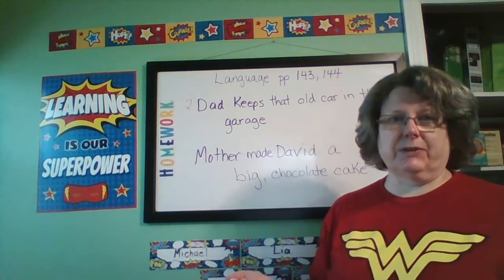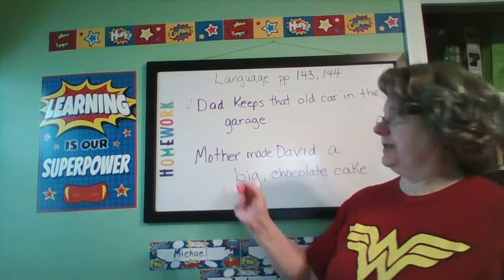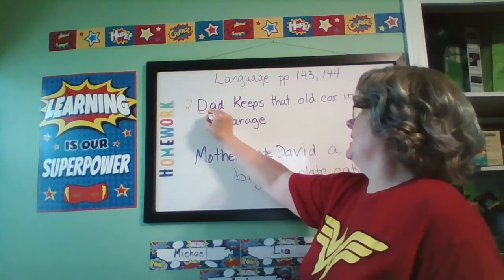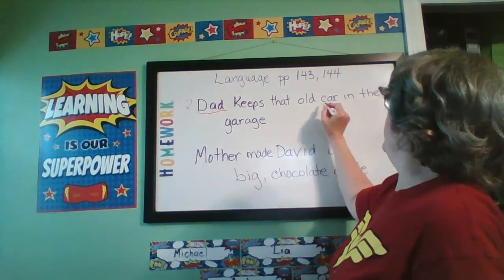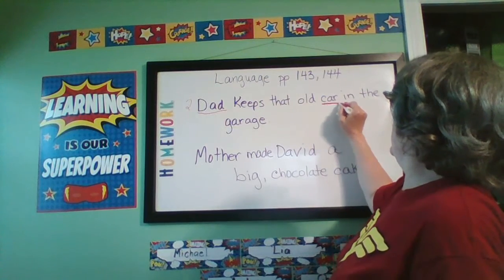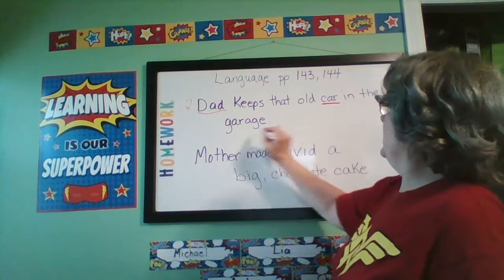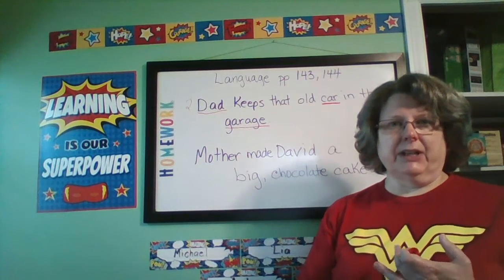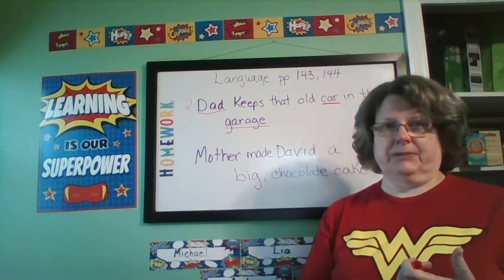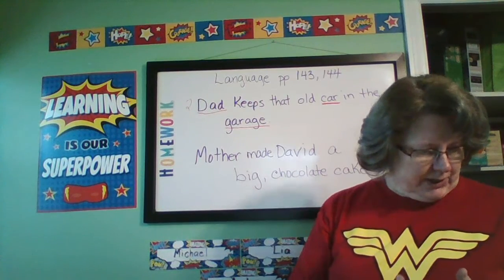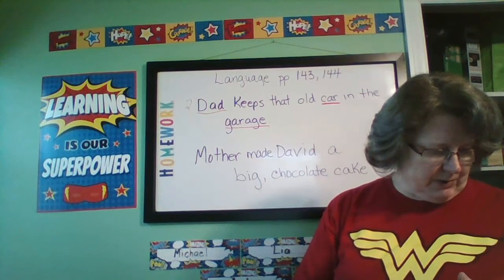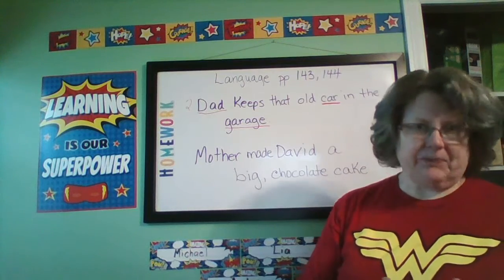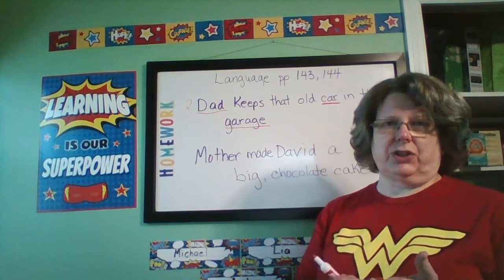All right, so the first thing we have to do is underline the nouns. So we have dad, we have car, and we have garage. All right. So do we have any describing words for dad? We don't. So now I have to look for describing words that describe the car. And I see that I have actually two.